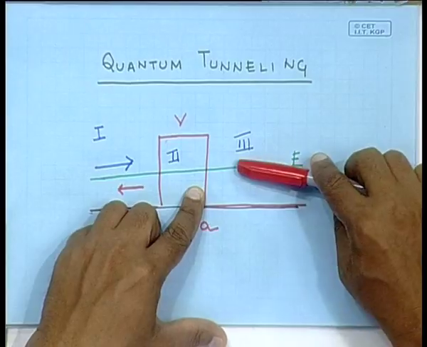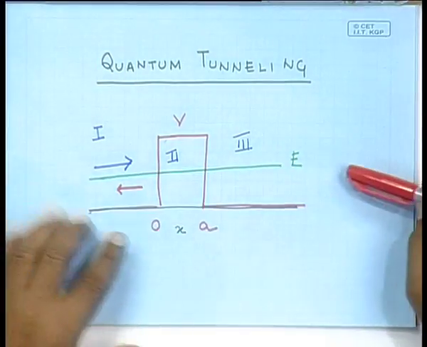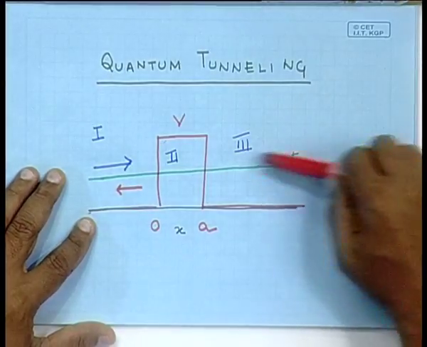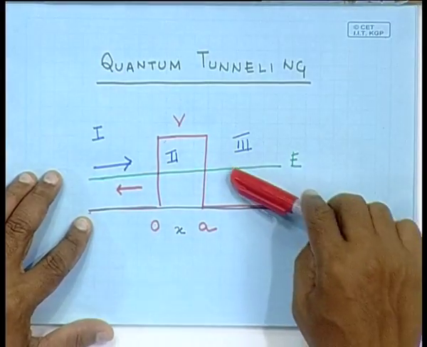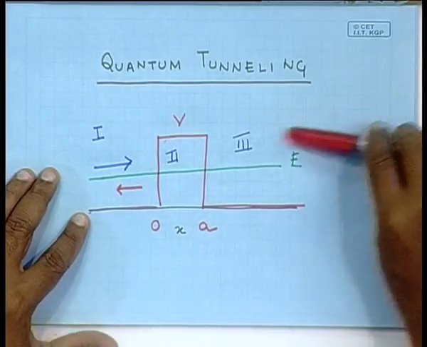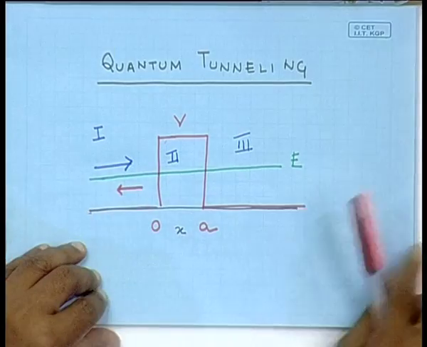If I had a part of the wave function going this way, it would correspond to particles coming like this, and they would be particles which are incident on this potential barrier from the right, but we are not sending in any particles on the potential barrier from the right. So, there are no particles coming in from the right, there are particles coming in only from the left.